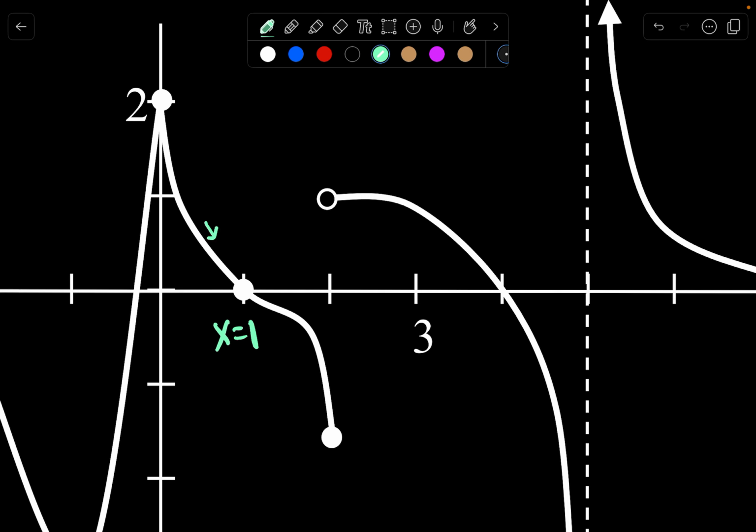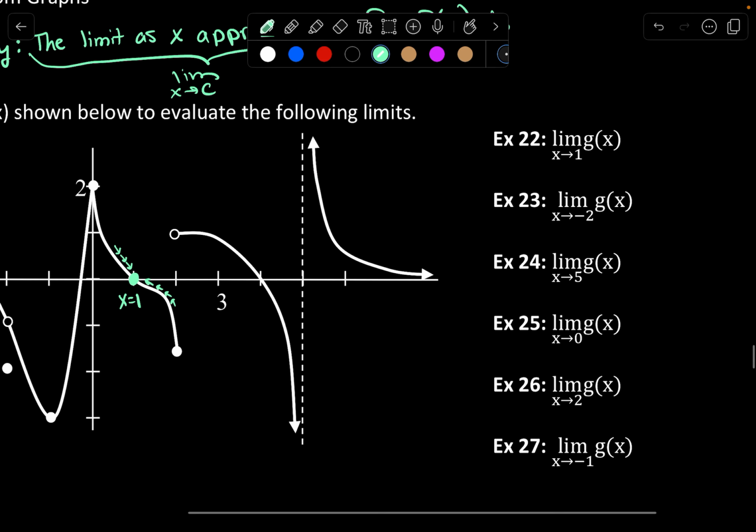If I look from the left, we are approaching the same value as if we were approaching from the right, and they both agree. That means the output is going to be 0. So the limit as x approaches 1 for g of x is 0.